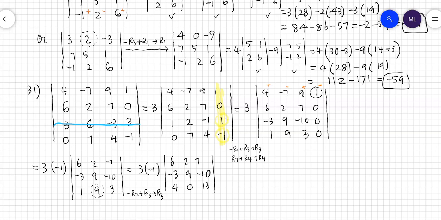Okay. By the way, I think the answer is negative 1344. I checked from the back of the book. That's the answer for this. By the way, so this is now negative 3, and then expand about the last row.